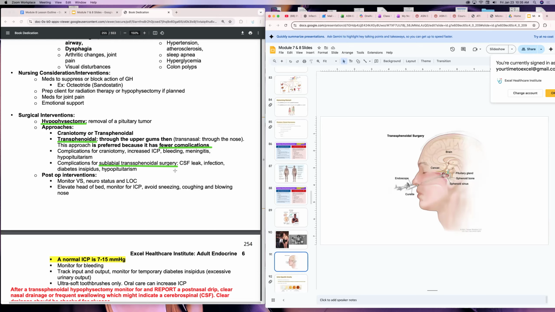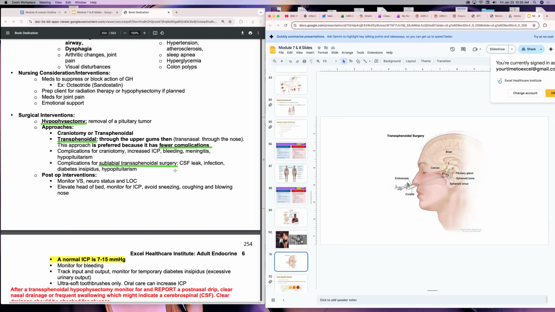So post-operative interventions for hypophysectomy and we're trying to correct hyperpituitarism, right? And so they went in to do surgery. So post-op interventions include monitoring vitals, neurostatus and level of consciousness, elevating the head of the bed, monitoring for increased ICP, avoiding sneezing, coughing, and blowing the nose. Okay, so what does that mean?